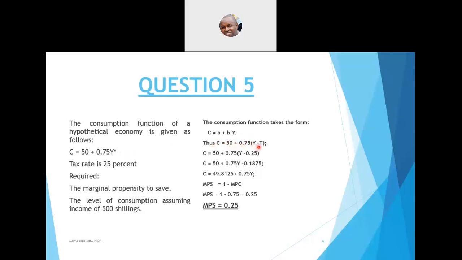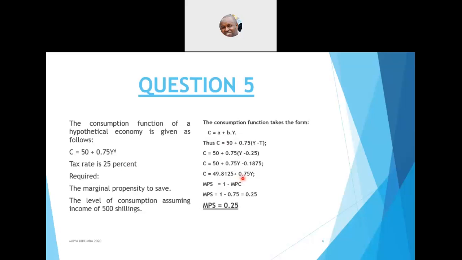YD is Y minus T. So this is 50 plus 0.75 into bracket Y minus 0.25Y. 0.25 is the tax rate, 25%, which should give us 50 plus 0.75 minus 0.1875Y, having opened these brackets, will give us the consumption expenditure as C is 49.8125 plus 0.75Y.